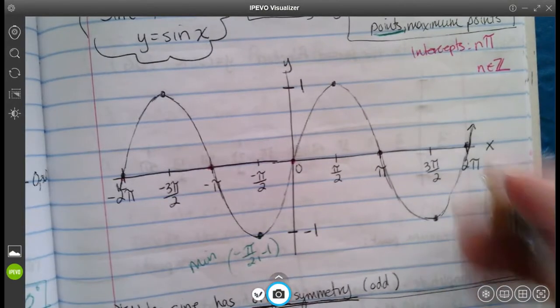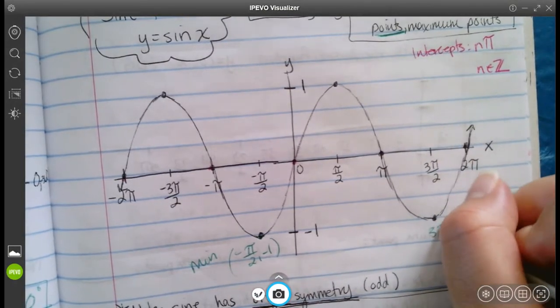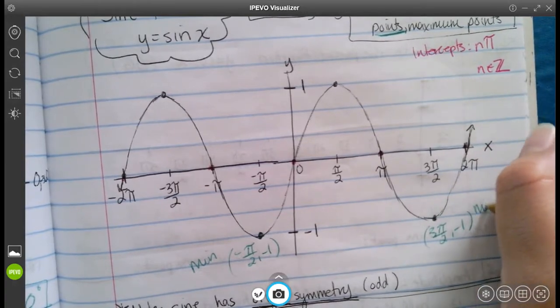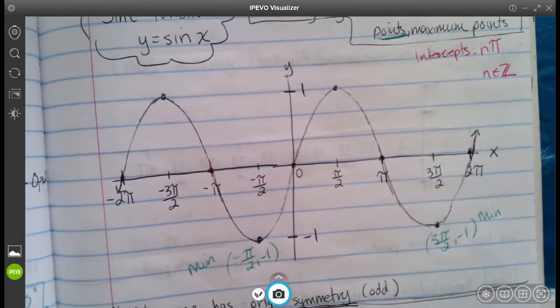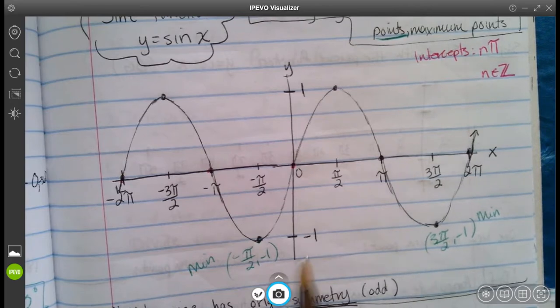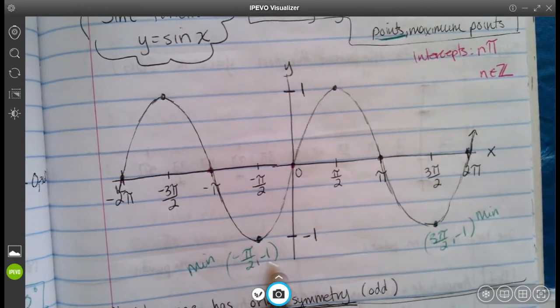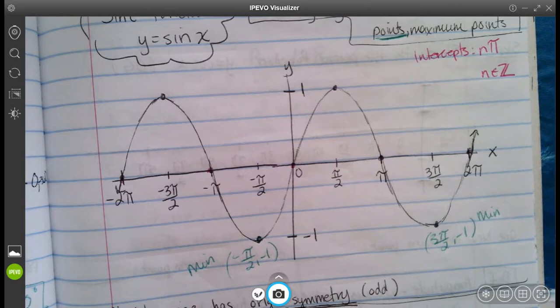We have another one over here at 3 pi halves, -1, also a minimum. All of our minimum points are at some kind of pi half and then -1. So -1 is our lowest point all across the board in the entire function of sine.